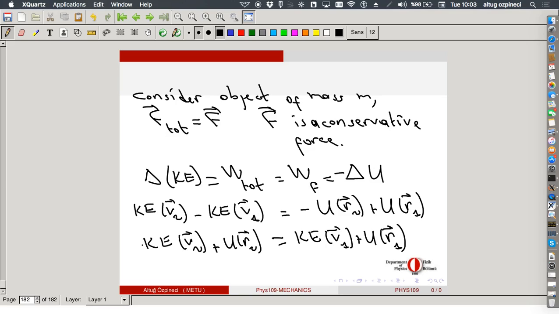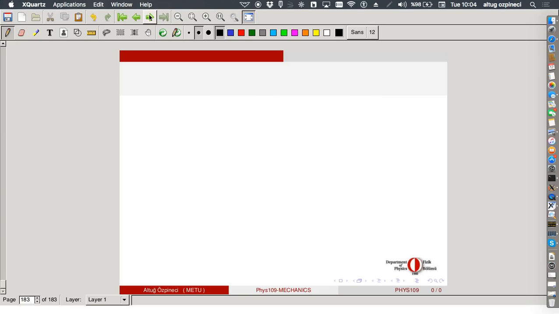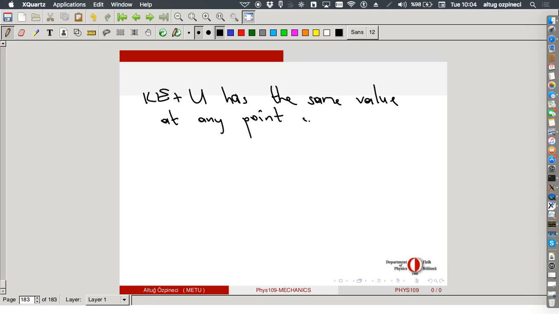But what doesn't change is this combination. Kinetic energy plus the potential energy is always the same. Its value at the point r1 is equal to its value at the point r2. As it's moving, that sum doesn't change. So that basically tells us that kinetic energy plus the potential energy calculated at any point on the trajectory has the same value.